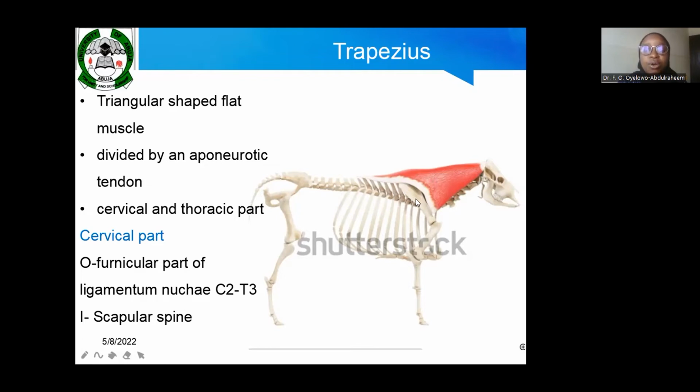The thoracic part, on the other hand, originates from the third thoracic vertebra down to the 12th thoracic vertebra.